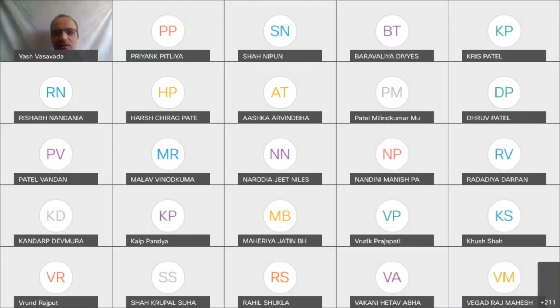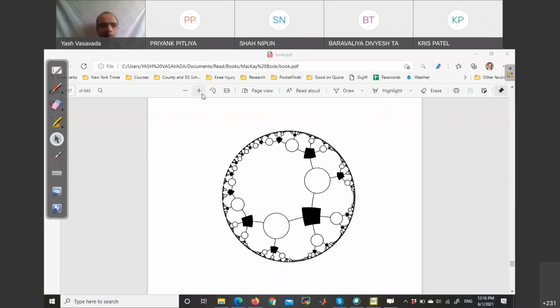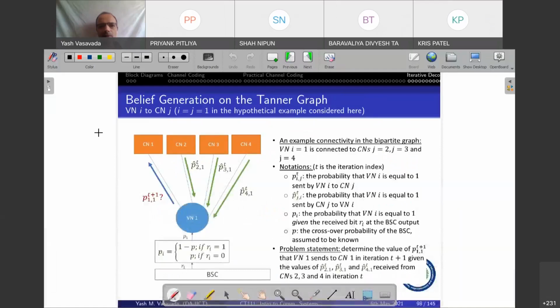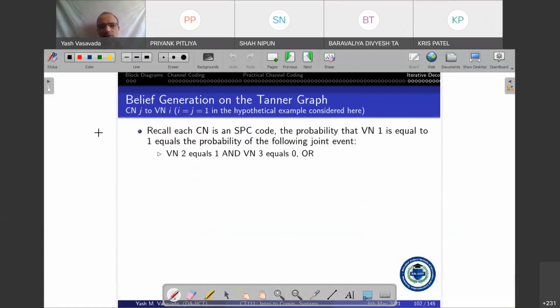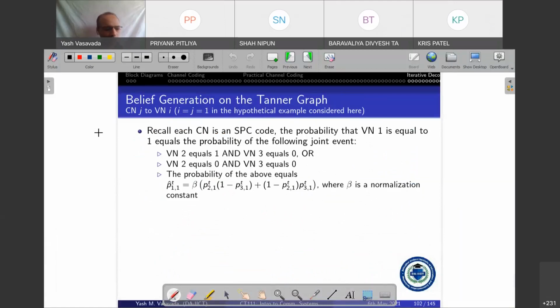So now let us start from where we had left off. For today, we are going to, oh, by the way, someone pointed out that there is a typo here.